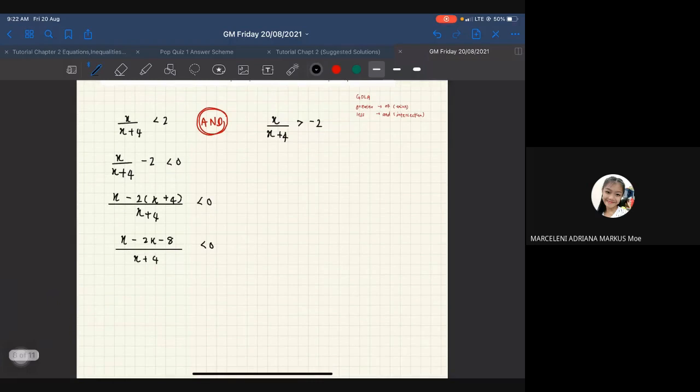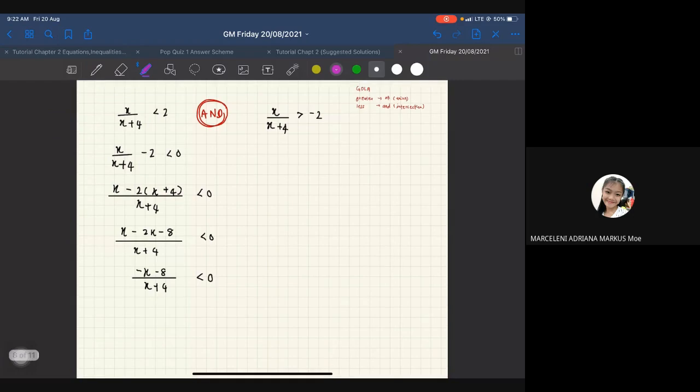Okay, so for this one, again, bear in your mind, you need to make this coefficient for x positive. Okay, so just multiply everything with negative 1. So awak akan dapat x plus 8 over x plus 4 less than 0. Betul tak saya buat less?